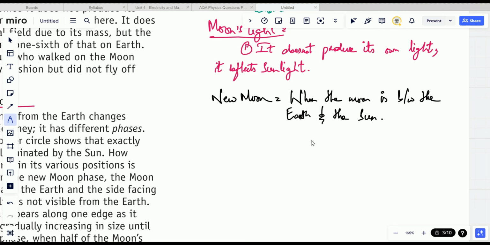And what's basically happening here? When we have a new moon, it's totally dark. The side that is facing the Earth would be dark.